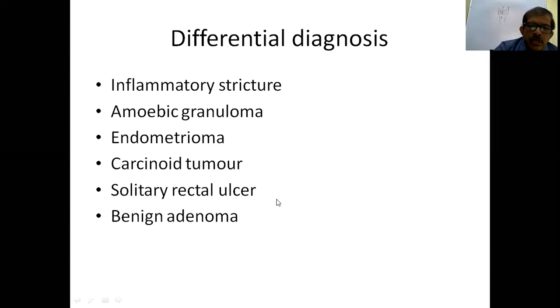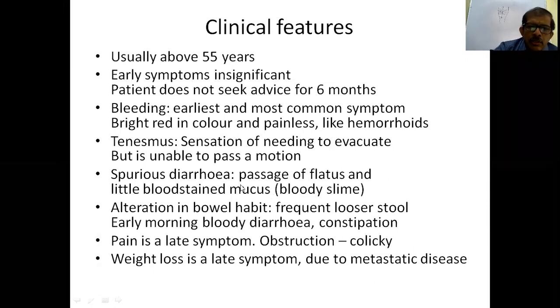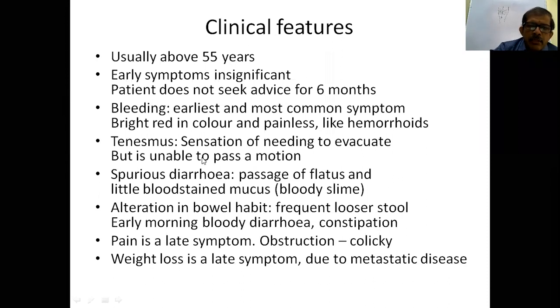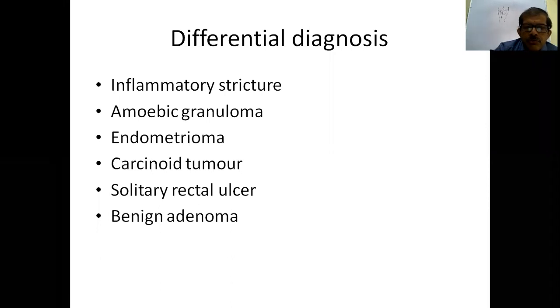So first you have to rule out carcinoma of the rectum. Whenever there is any history of bleeding per rectum in an old person, first exclude carcinoma. I frequently tell you, again today also I am telling you, if you don't put your finger in the rectum, you will be putting your foot in it.